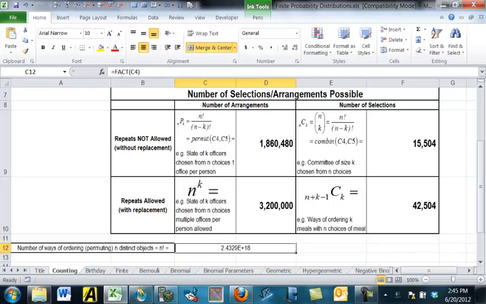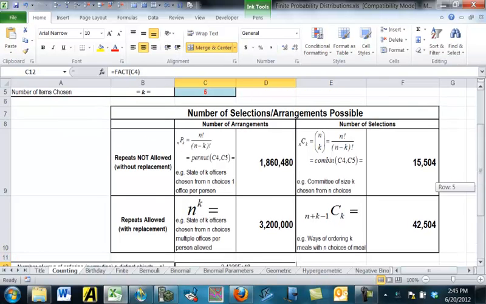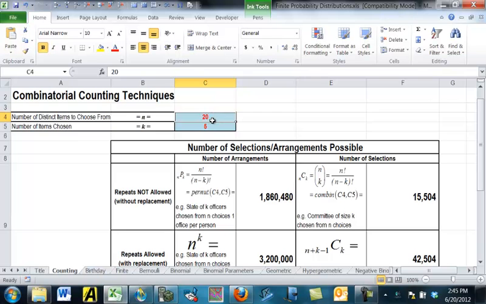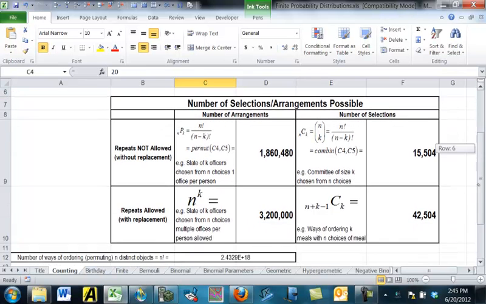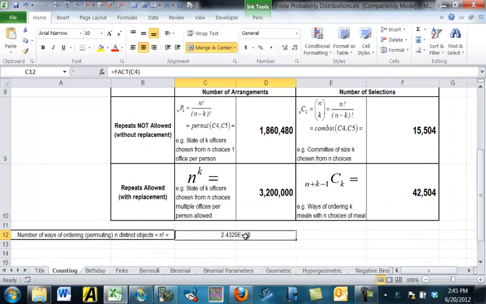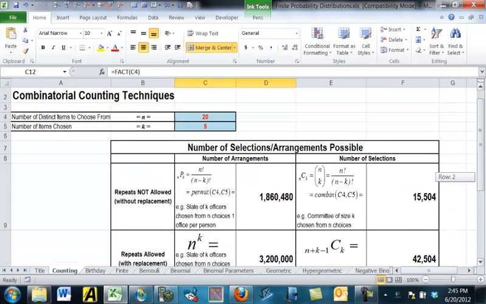Factorial is FACT in Excel, and so it's based on this number n, which is C4. So this should be factorial of C4. C4 was 20 at the moment. I can change it.